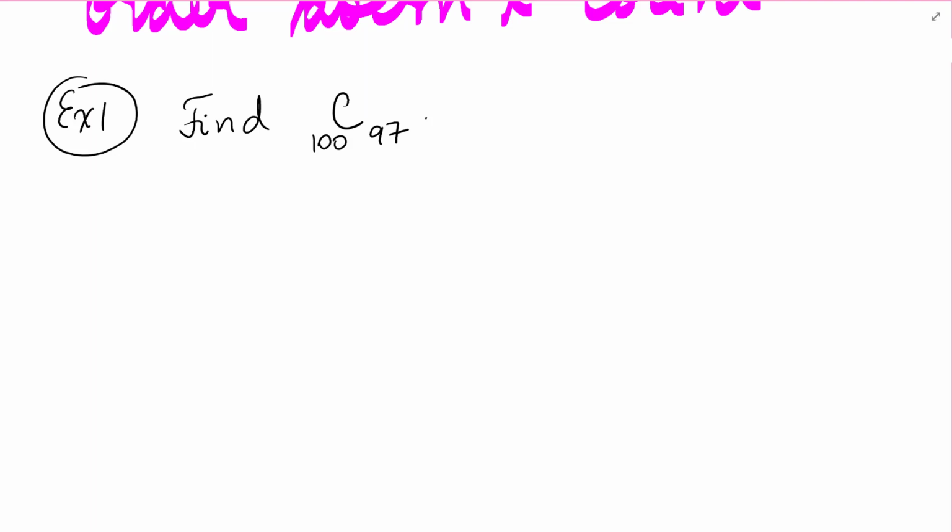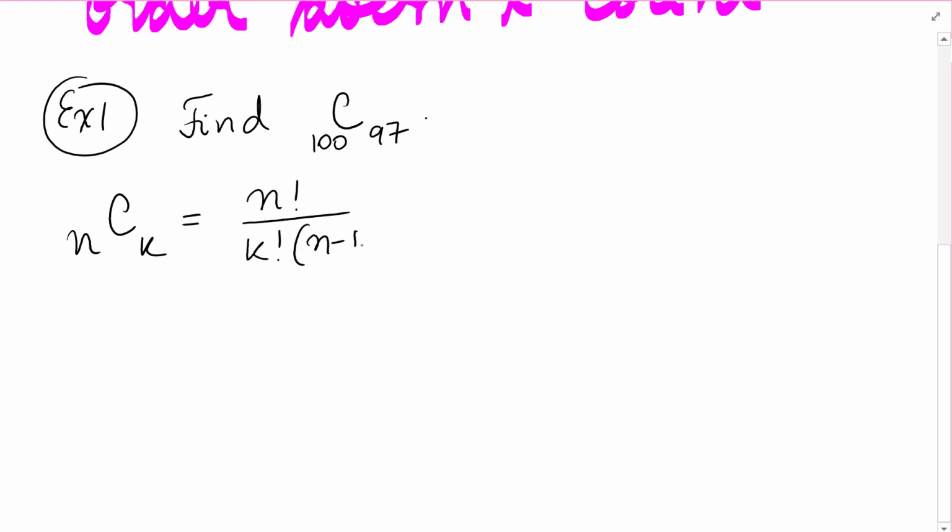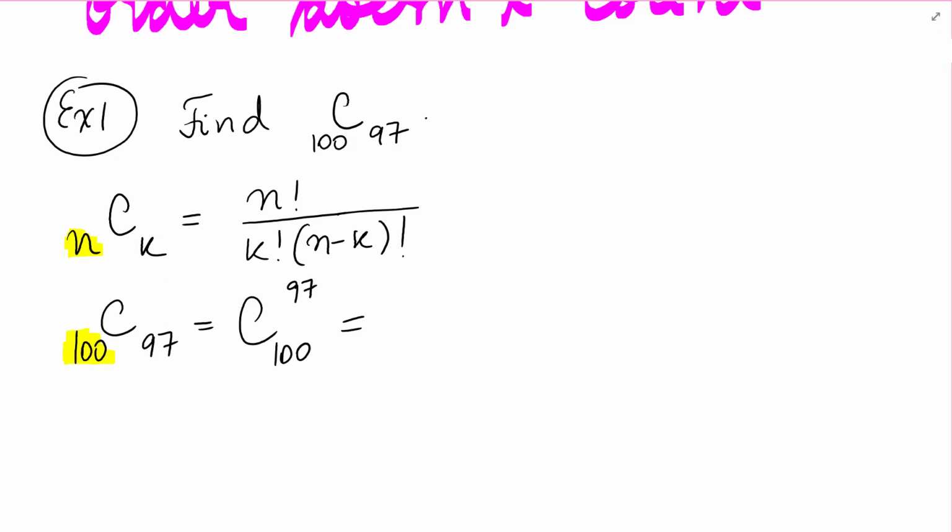Example 1. Find the combination of 100 taken 97 times. The combination of n taken k times equals n factorial over k factorial times (n minus k) factorial. So the combination of 100 taken 97 times is going to equal, comparing the formula with the problem, n equals 100 and k equals 97.